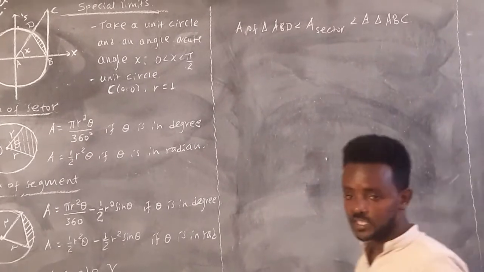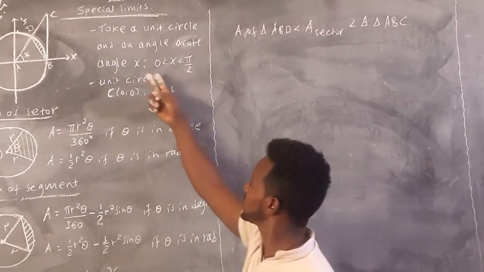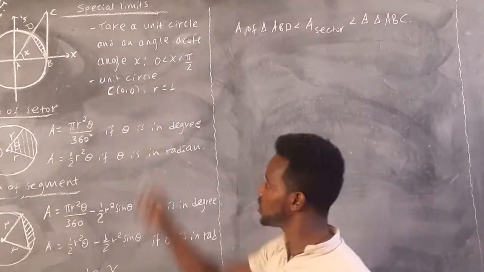Now the angle theta, or the angle x, is in radian measure, an acute angle between 0 and pi over 2.